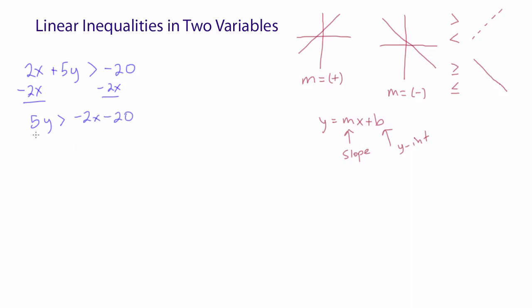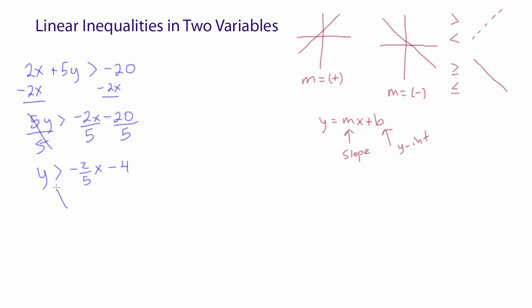The next thing to do is we want to isolate y, because it's y equals mx plus b form, right? So let's divide by 5. That cancels out. So we got y is greater than -2 over 5 x, and 5 goes into -20, -4 times. Okay, there's a fraction, no big deal.